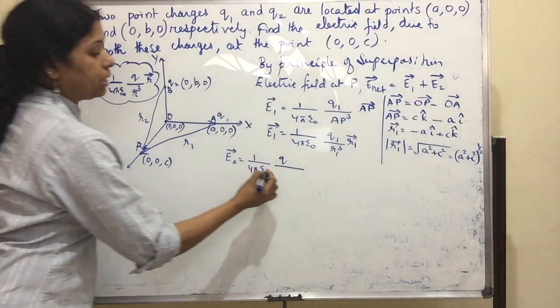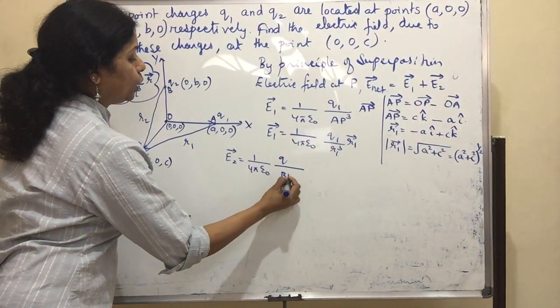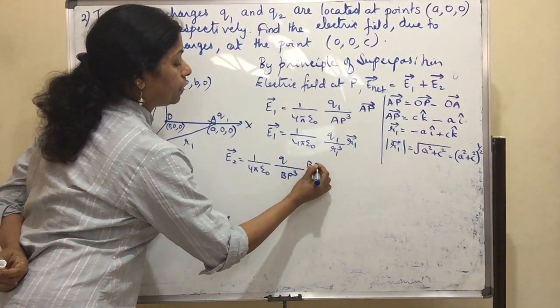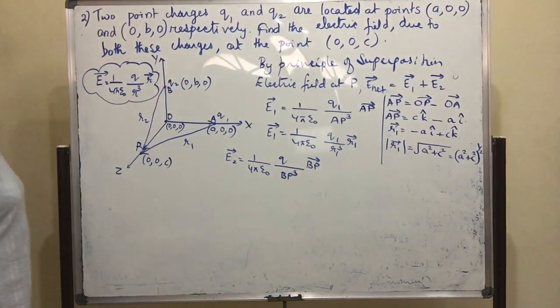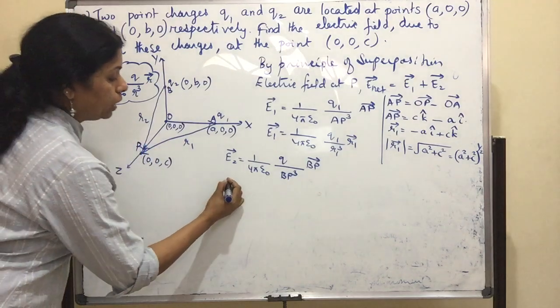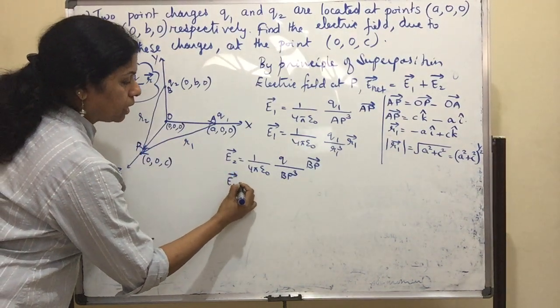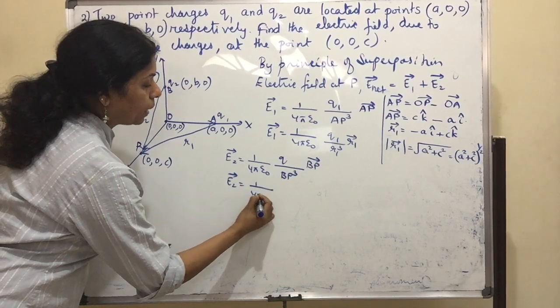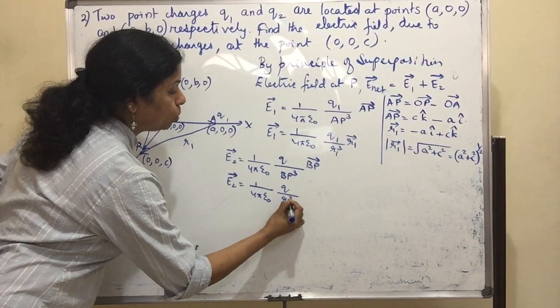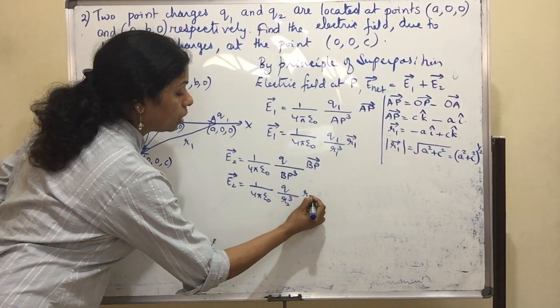So first I will represent it the same way, like BP cube, that is R cube, into BP vector. But BP is equal to R2. So E2 vector is equal to 1 by 4 pi epsilon naught Q divided by R2 cube into R2 cap.